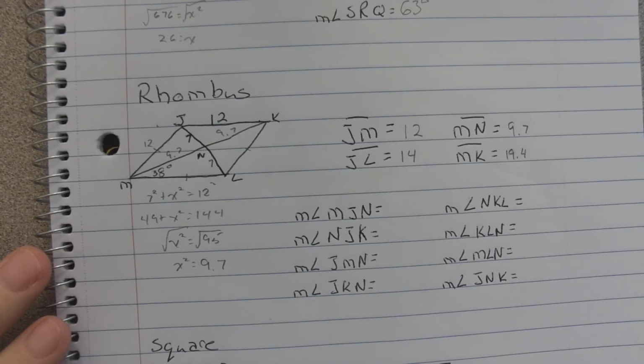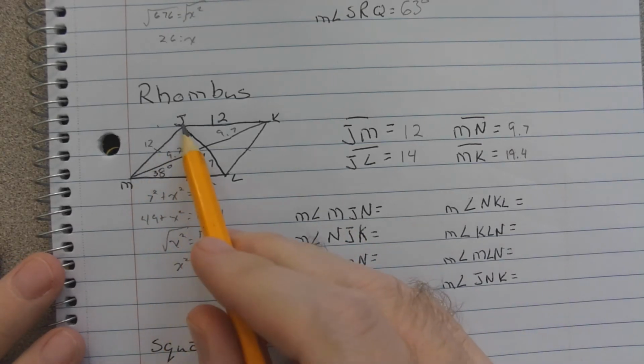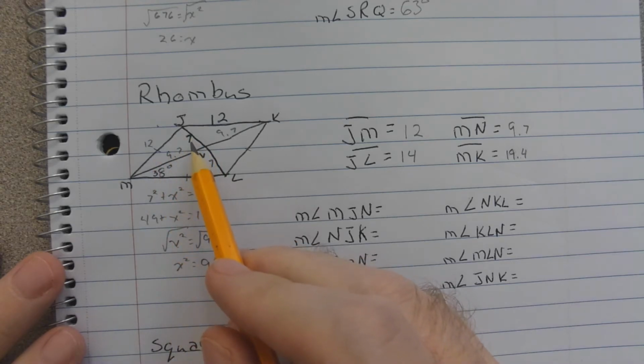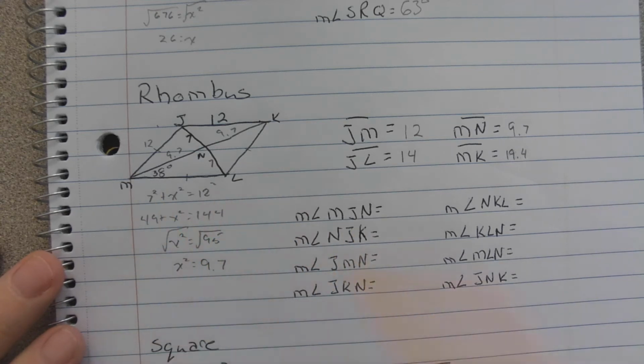And then when we look at the angles, MJN is right here. It's probably easier to start with angle 3.